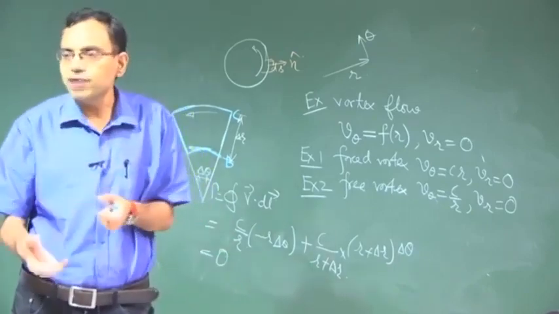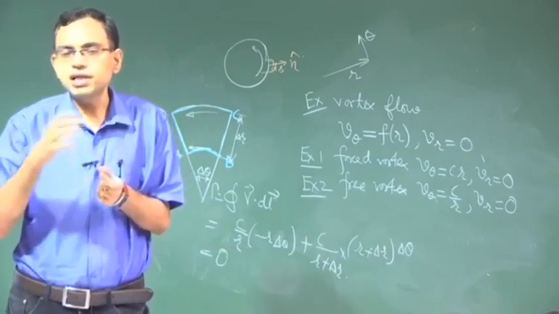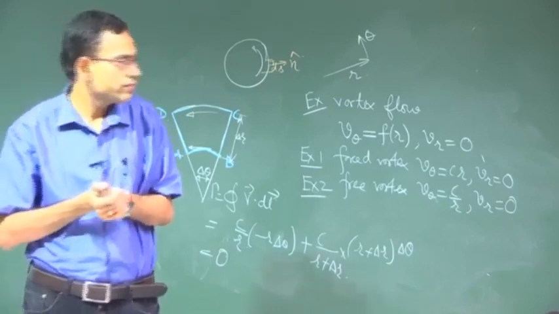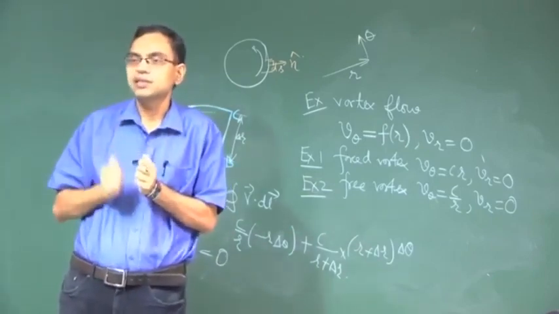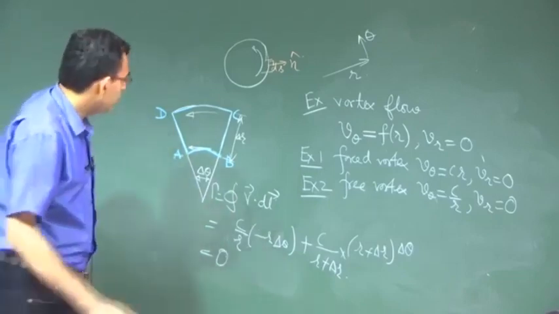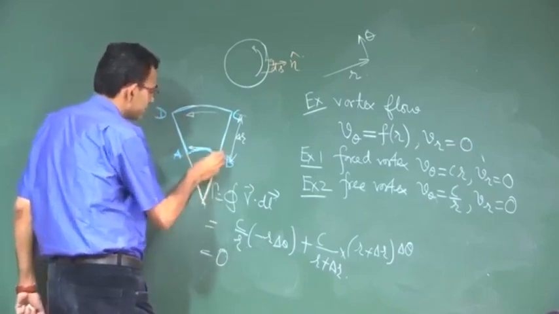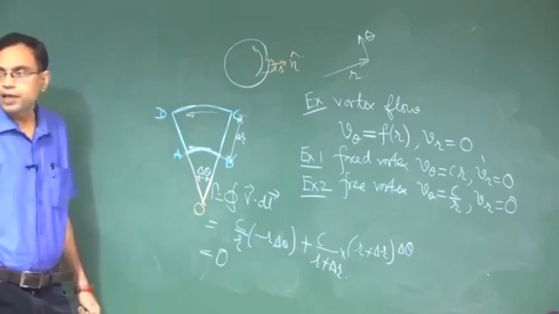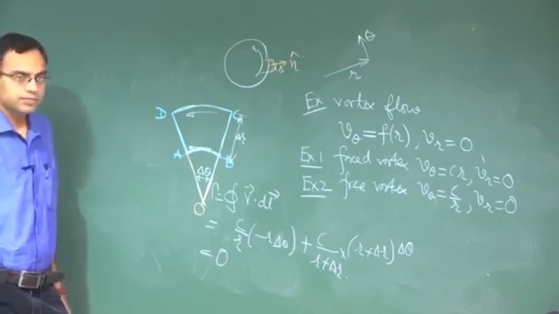because it is irrotational flow. The vorticity is a null vector and therefore, the circulation, which is essentially vorticity times the area, will also be equal to 0. However, there is a tricky aspect to this consideration. Let us say there is some analyst who instead of this area chooses this contour OBA, then what happens?